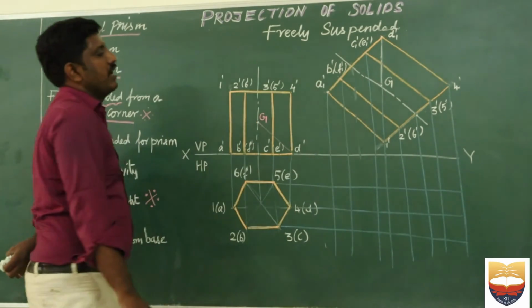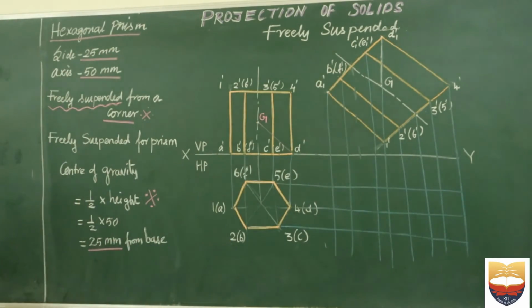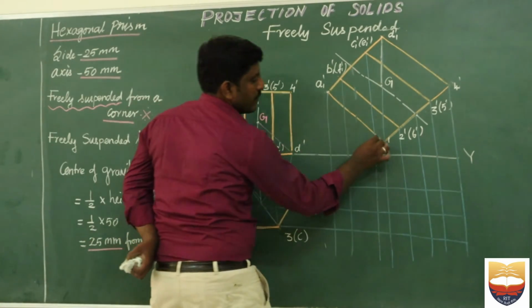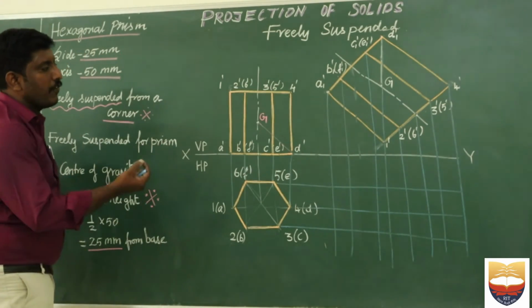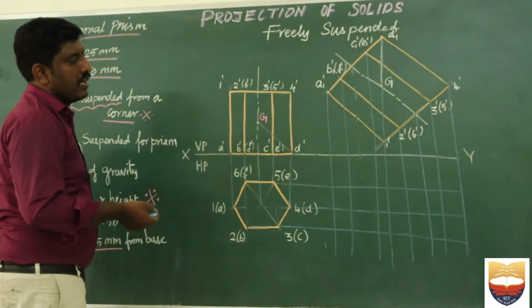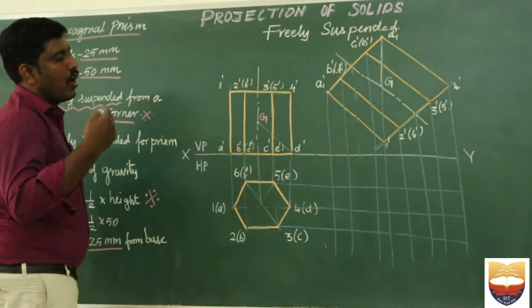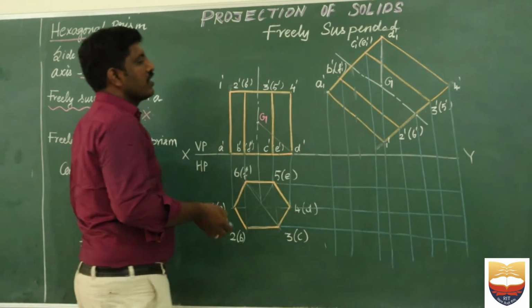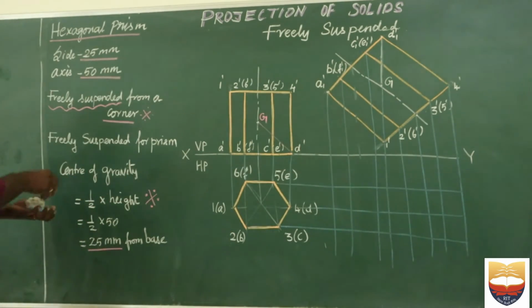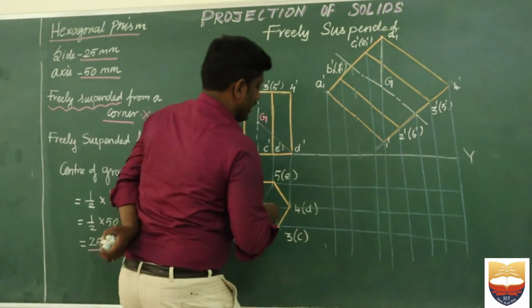Okay, now come to your hidden line concept. If you come to your hidden line concept, I cannot see this particular point. We have discussed in our earlier problems, if a corner is being hidden, the corresponding shorter dash and the corresponding longer dash will be hidden. So first let us find out what are the points here.